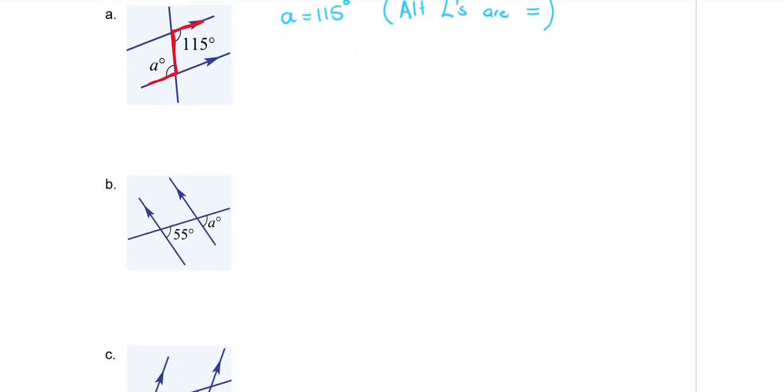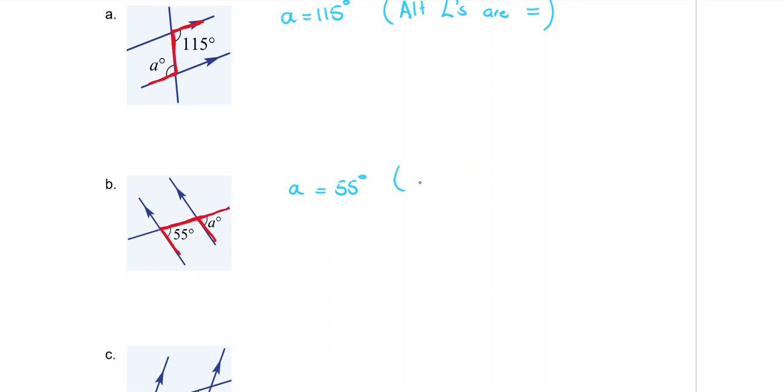In the second one, let's trace around the arms. Trace around the A, trace around the 55. And you might want to just join it up there, make those arms a bit longer. And you can see that's kind of a sideways F shape. These ones are going to be equal, and they're called corresponding. So we're going to say A equals 55 degrees.